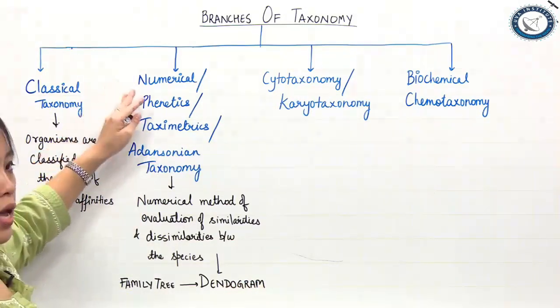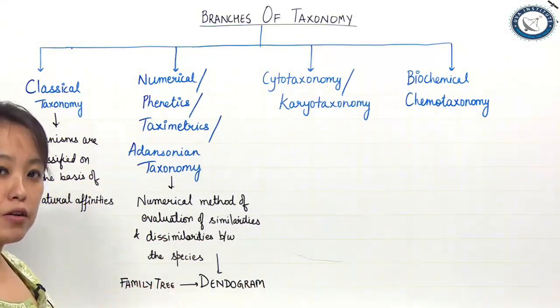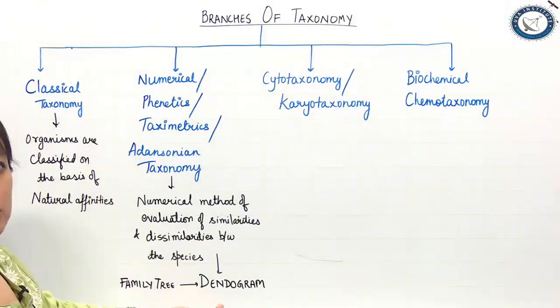On the basis of any numerical approach, if a family tree, just like a phylogenetic tree, is being made, it will be known as dendrogram.